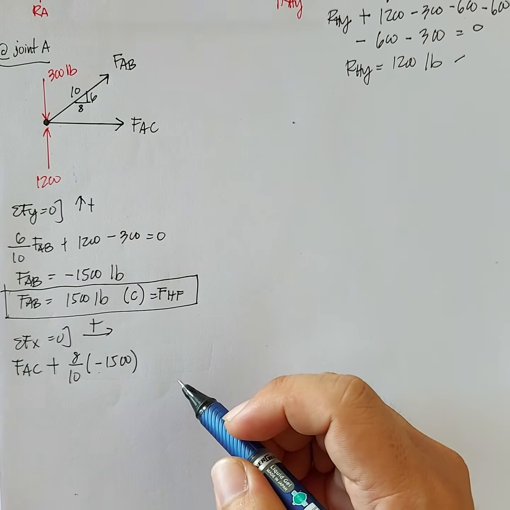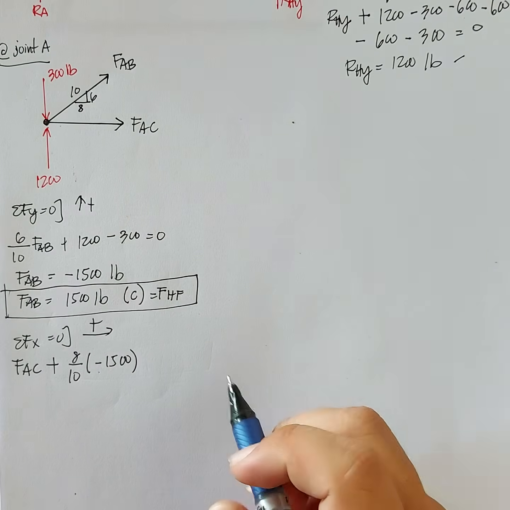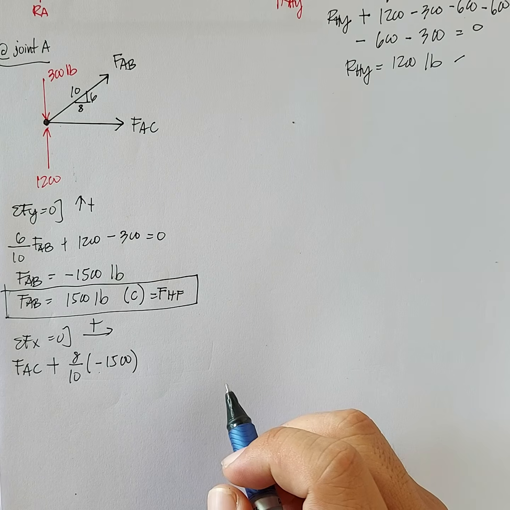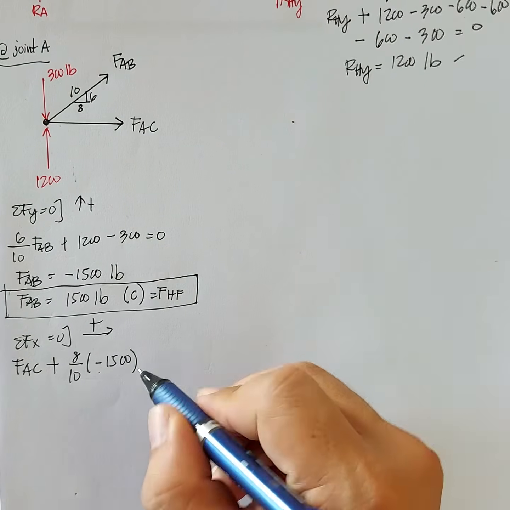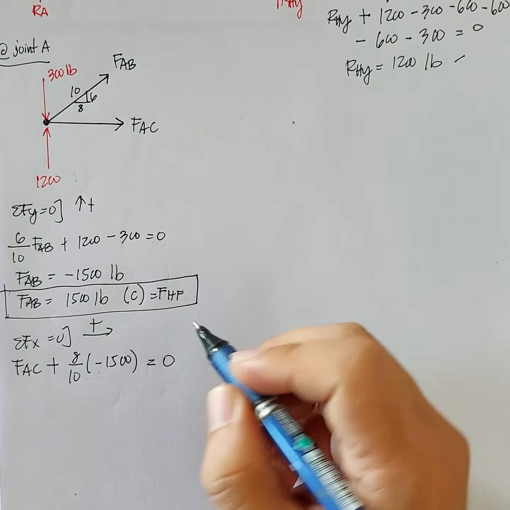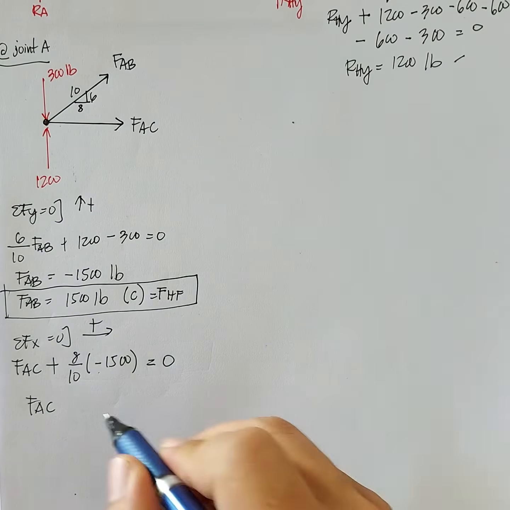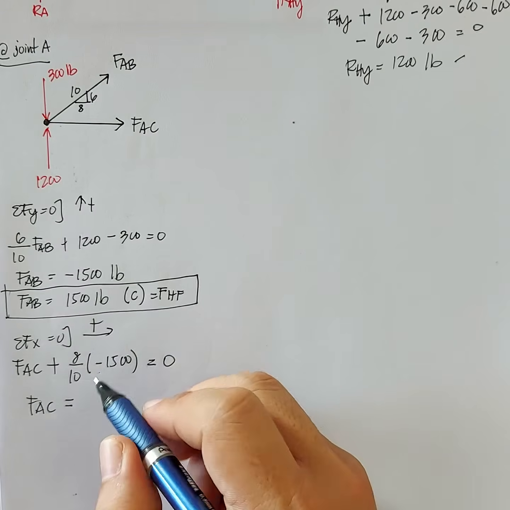Okay? So FAC, there are only two forces on the horizontal axis, so we just equate this to 0. So FAC is equal to, what is FAC?